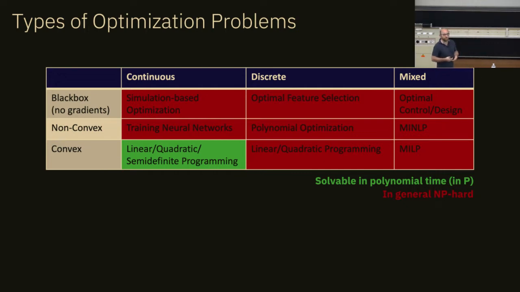What I want to focus on in the next 1 hour, 1.5 hours is briefly the continuous part, and then a bit deeper the discrete optimization part. There are also some results for mixed integer optimization already in the quantum computing setting, but mostly the quantum advantage in these cases is expected to come from sub-primitives that look into this part.